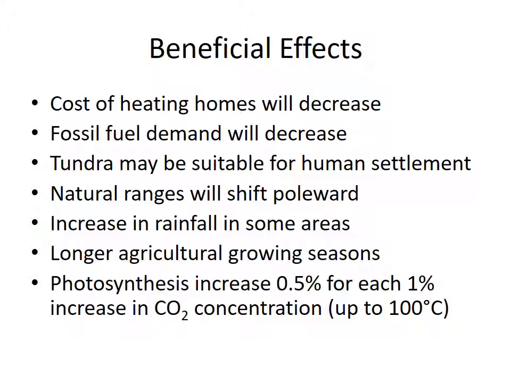And photosynthesis is going to increase 0.5% for every 1% increase in CO2 concentration, until we get up to 100 degrees Celsius, and then it's going to rapidly decrease. And if there's an increase in photosynthesis, then it will sequester more carbon dioxide, and it will start a negative feedback system, and that will be good.